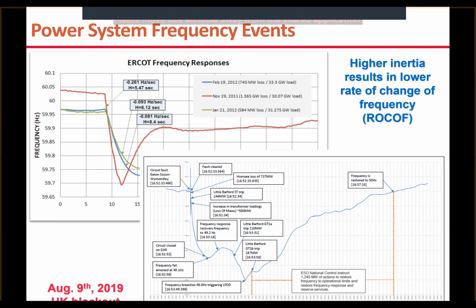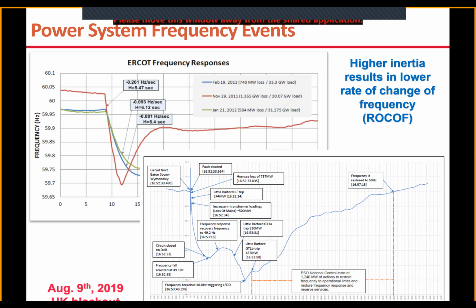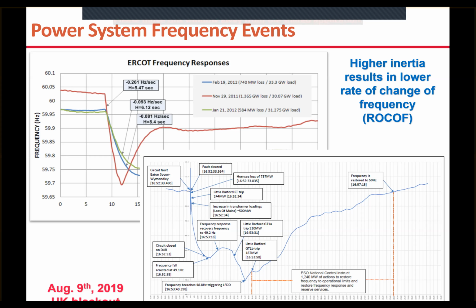And that further induced a very big roll-off. The frequency decline was very steep, okay? And that's not tolerable by traditional generators. So some traditional large generators further tripped, about another 500 megawatts.